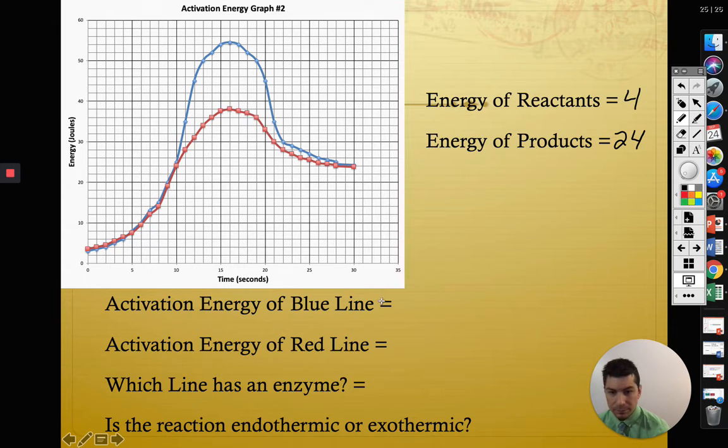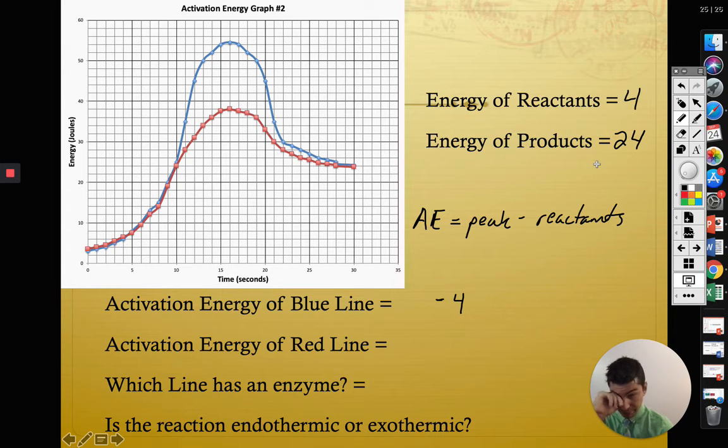Okay. Activation energy of the blue line. We know our reactants are going to be 4. Remember how to figure out our activation energy. I'm just going to abbreviate it AE: it is our peak minus our reactants. So for the blue line, we know the reactants are going to be 4, and that'll be the same for the red line. Let's look at our peak.